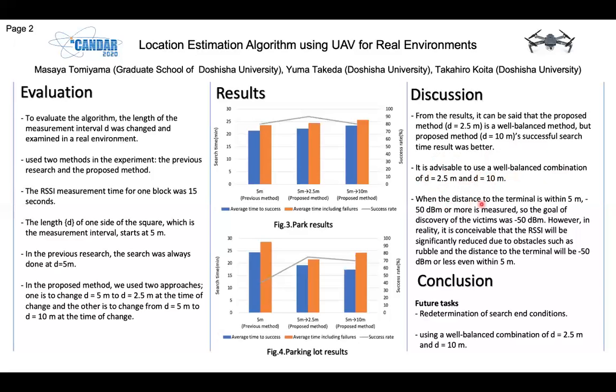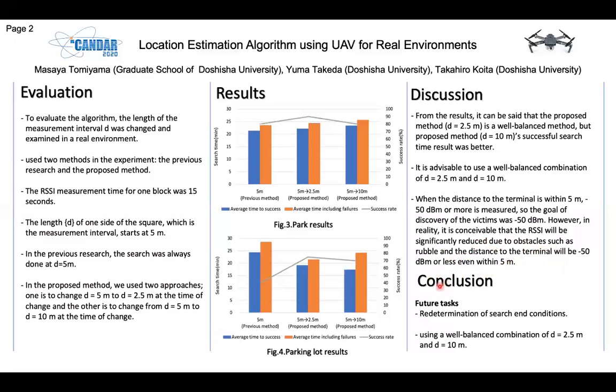When the distance to the terminal is within 5 meters, minus 50 dBm or more is measured. So the goal of discovery of the victim was minus 50 dBm. However, in reality, it is conceivable that the RSSI will be significantly reduced due to obstacles such as rubble, and the RSSI will be minus 50 dBm or less even within 5 meters of the terminal.